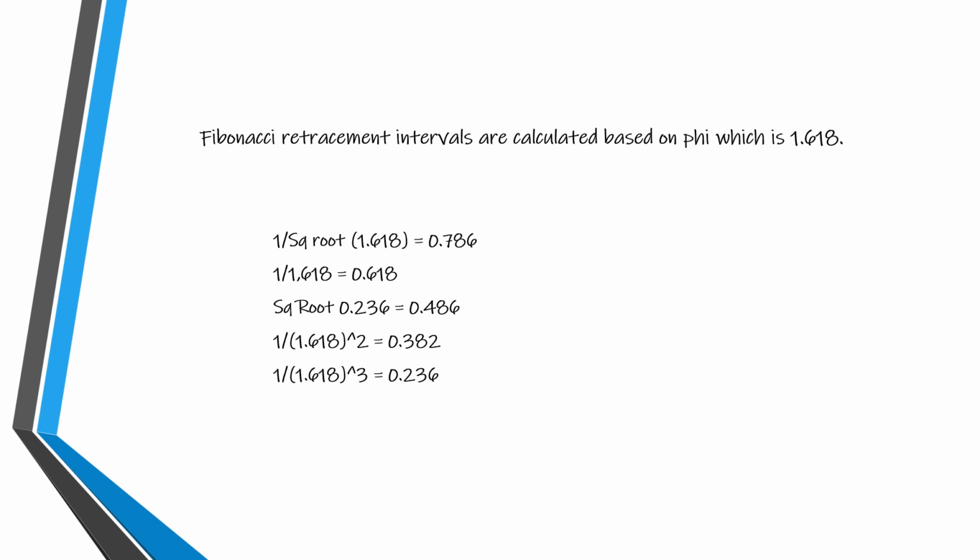And if you want to see phi in action, just take the Fibonacci sequence, which goes something like 2, 3, 5, 8, 13, 21, 34, 55, 89. Take a number in that sequence, divide it by the number immediately ahead of it, and you're going to get something very, very close to 1.618.